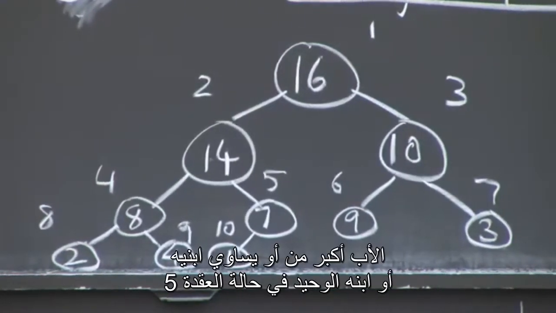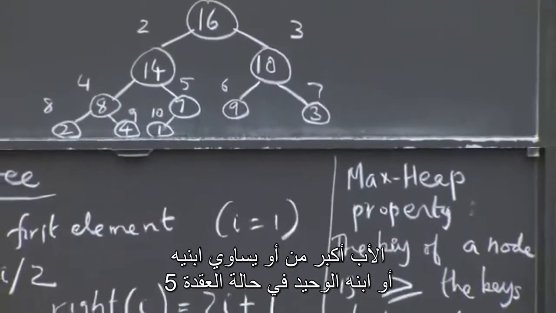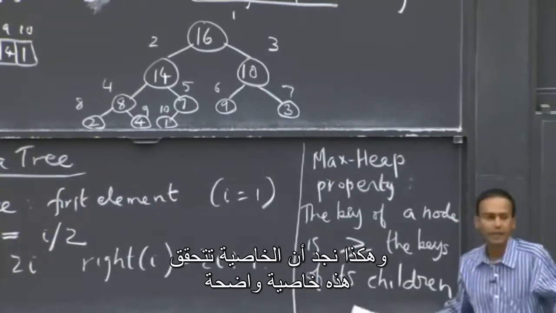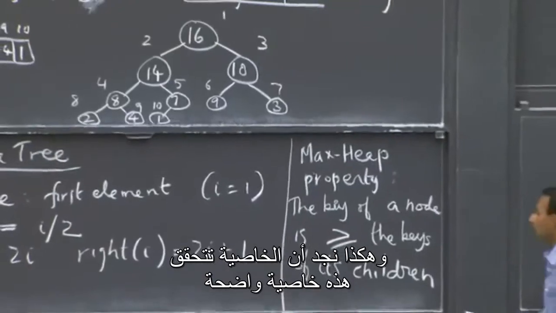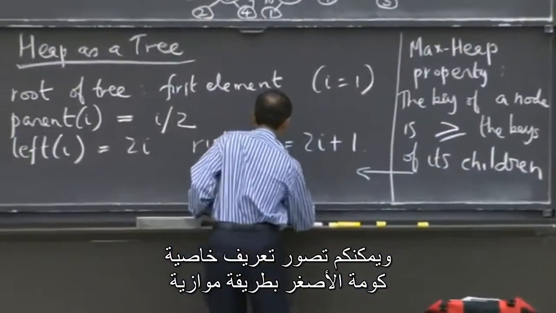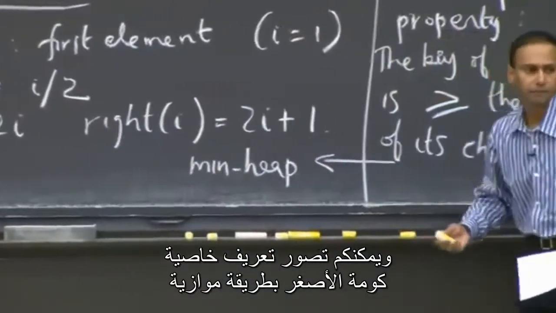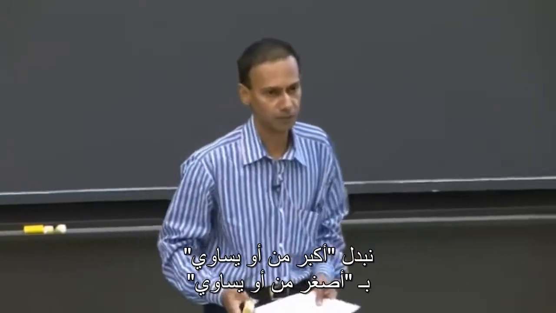The parent is greater than or equal to either of its children or its only child in the case of node 5, and so you have the max heap property. Right? It's a fairly straightforward property, and you can imagine defining the min heap property in an equivalent way. All right? Just replace the greater than or equal to with less than or equal to.